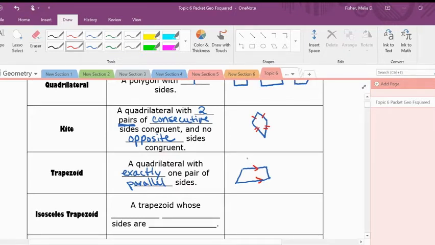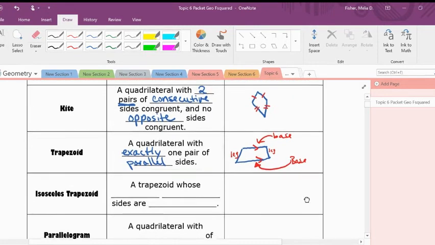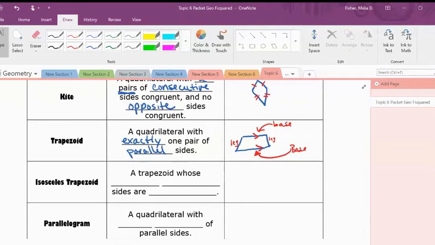On a trapezoid, we call this a base, and we call this a base. And then this is a leg, and this is a leg. Now, an isosceles trapezoid is a trapezoid whose non-parallel opposite sides are congruent.